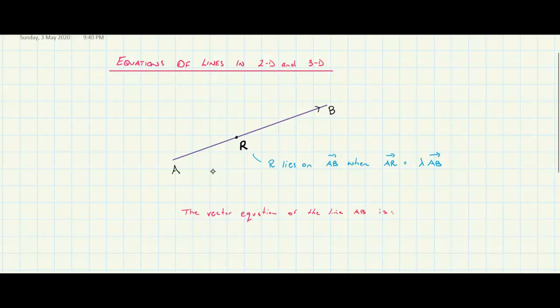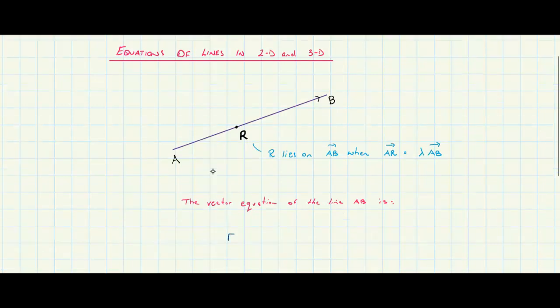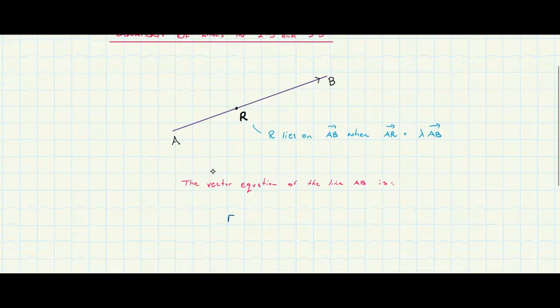It's R. Now R represents the position vector of the point R. R is equal to A, which is going to represent the position vector of the point A on the vector AB, plus some scalar by U, and U is going to be representative of the direction of the vector AB.